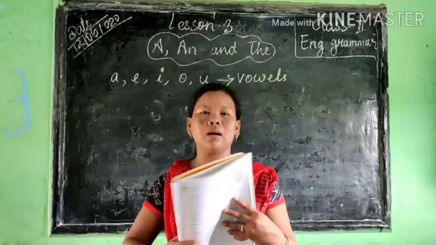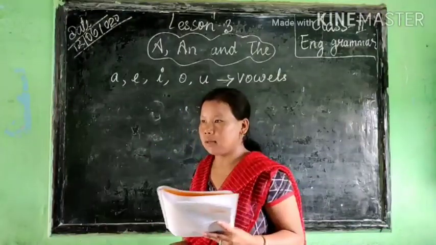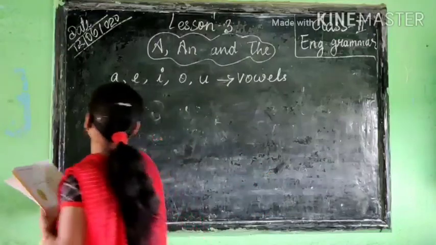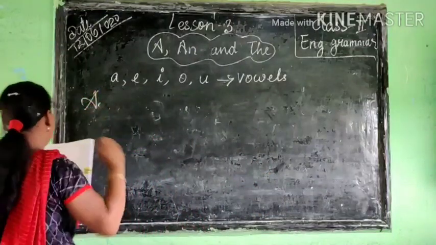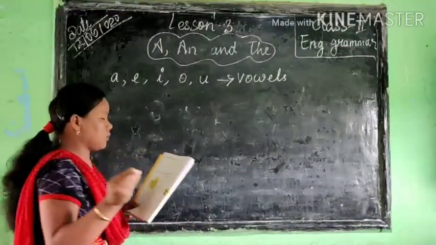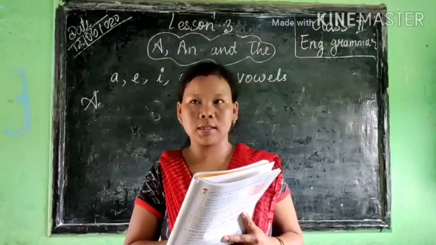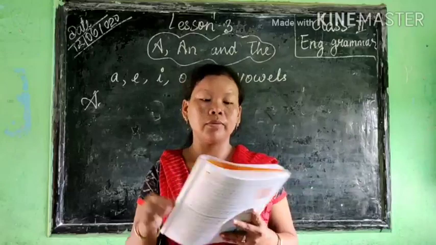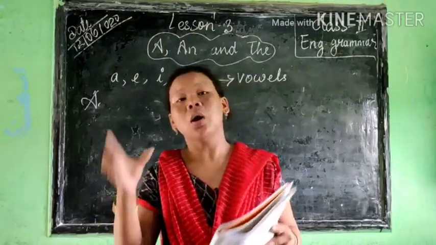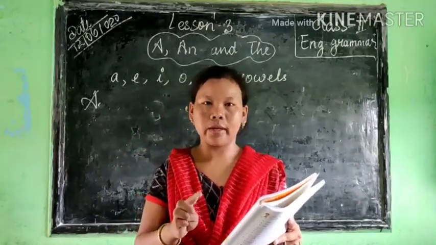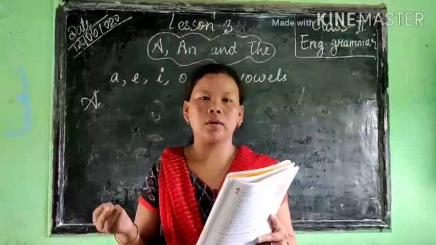So now we will start the exercise. Okay, the book exercise. You see, the first exercise. Here we have to write a or an before these nouns. If it is a consonant we have to write a.